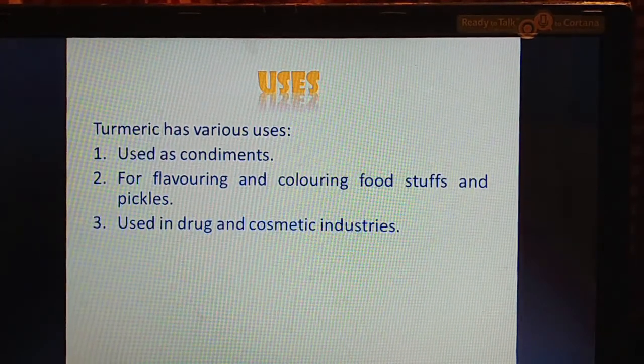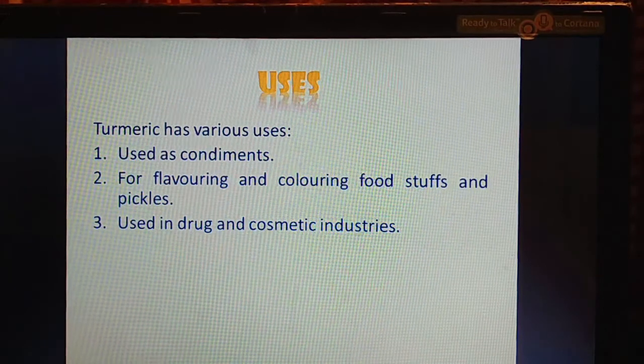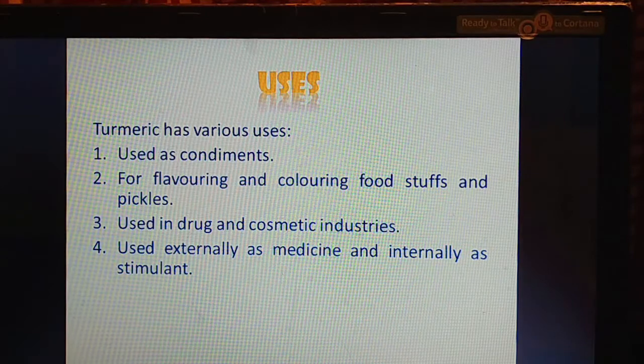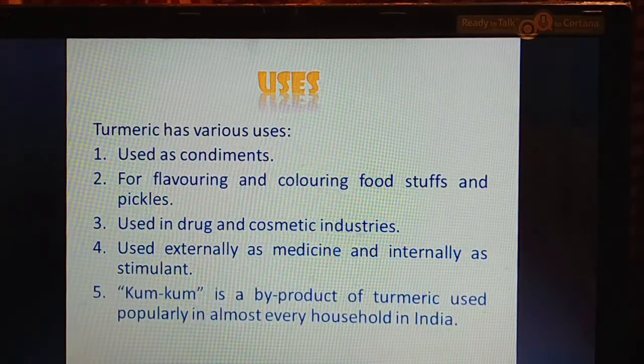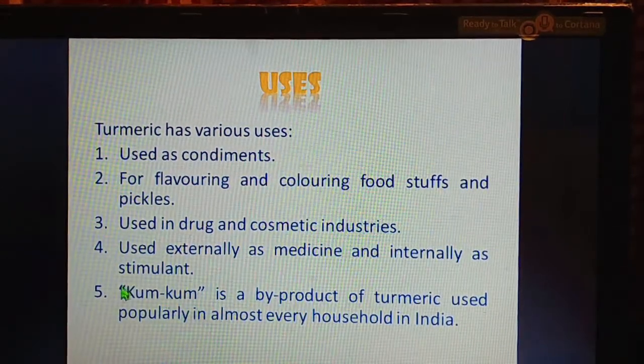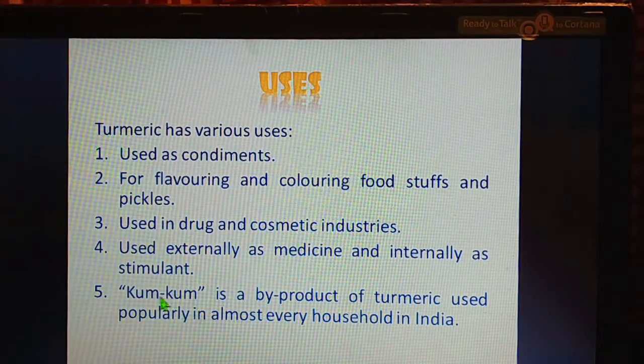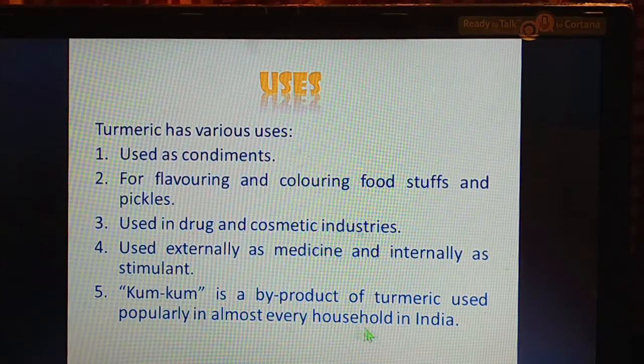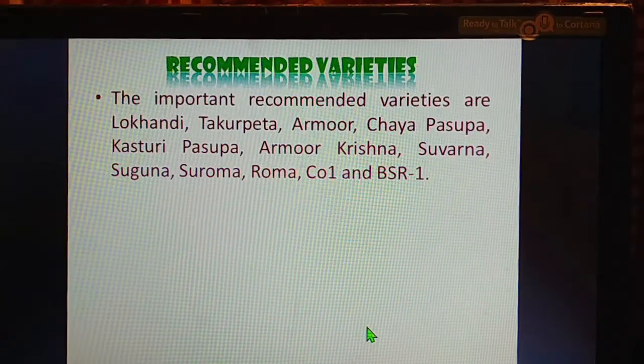And it is used in drug and cosmetic industries. Then it is used externally as a medicine and internally as a stimulant. And this is an example of a turmeric byproduct, okay, kumkum, which is used popularly in India in almost every household.